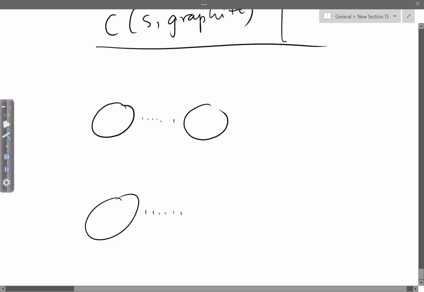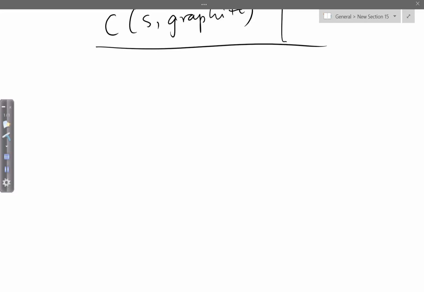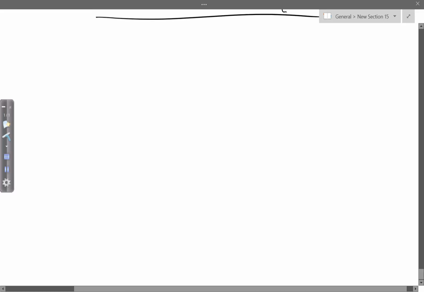Just for information, carbon dioxide also adopts this kind of structure, right? And just another question, do you think carbon dioxide can exist in liquid form? We always talk about I2 sublimes, carbon dioxide sublimes, right? But can they exist in liquid form?